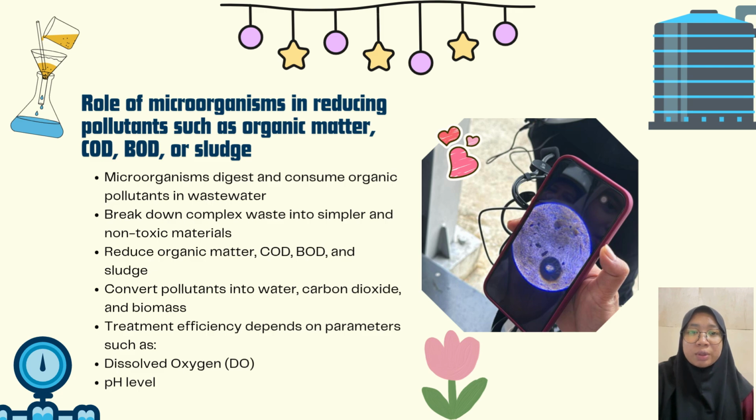This process helps reduce pollutants including organic matter, COD, BOD, and sludge. The efficiency of microbial activity is influenced by parameters such as dissolved oxygen, DO, and pH, because stable oxygen level and pH condition help microorganisms survive and function effectively during the treatment process.